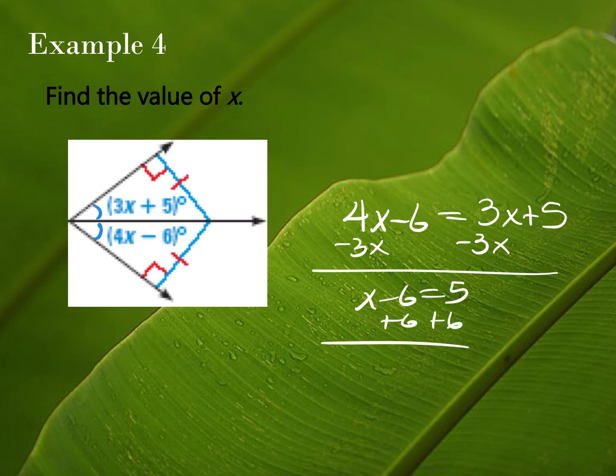Add the 6, and x equals 11. So by looking at these two congruency marks, that this point here is equidistant to the sides of the angle, that tells me that that angle up here was bisected. And that is the converse of the angle bisector theorem.